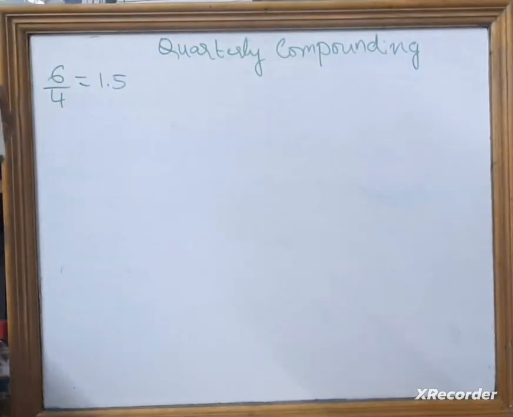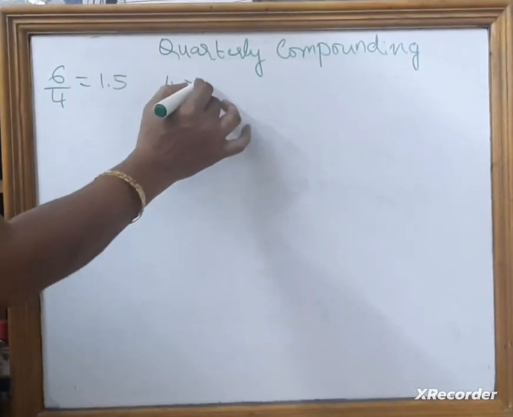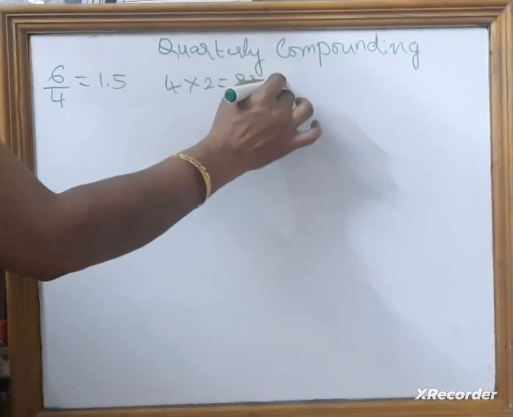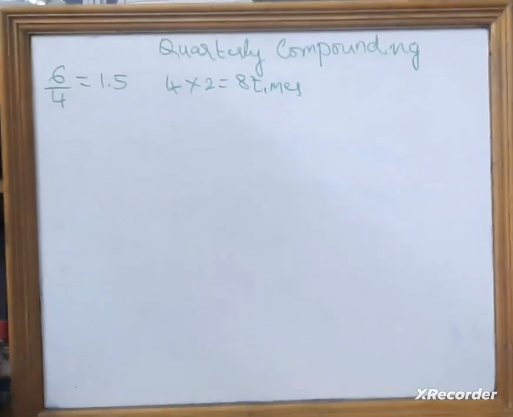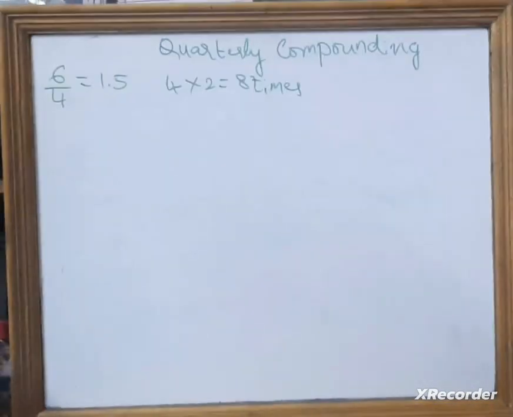And the number of times it is compounded will be 4 into 2, which is equal to 8 times, if he deposits his amount in a 2-year bank deposit scheme.